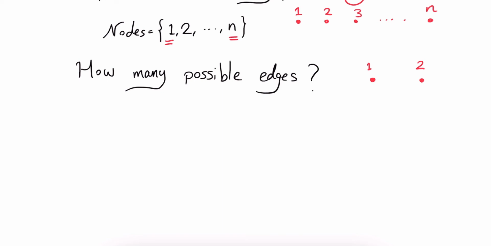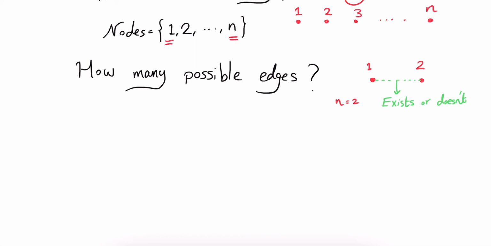How many edges are possible to exist in this graph? In this specific graph, when n equals 2, the answer is 1 because we can only have an edge between these two nodes, 1 and 2. So this edge either exists or it doesn't.